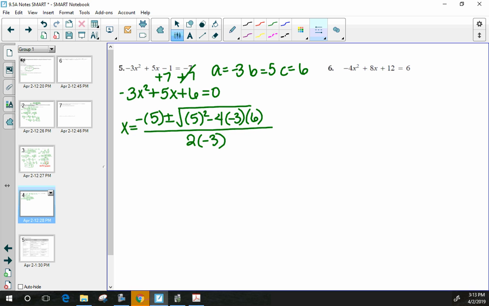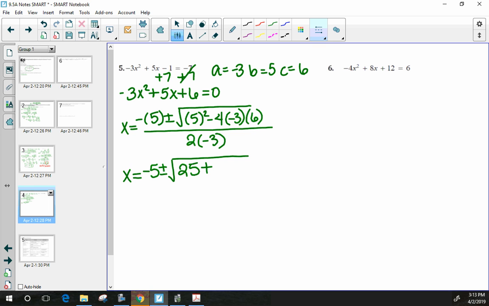Okay? And then it's just a matter of order of operations and careful computation. We get -5 plus or minus, and here I get 25, and then negative times a negative is a positive.